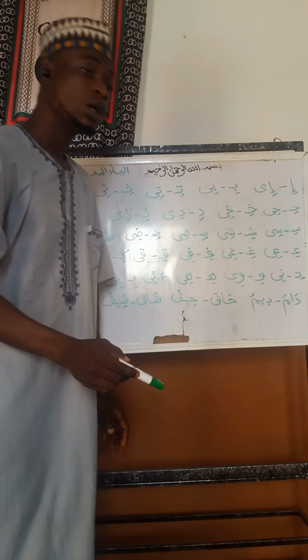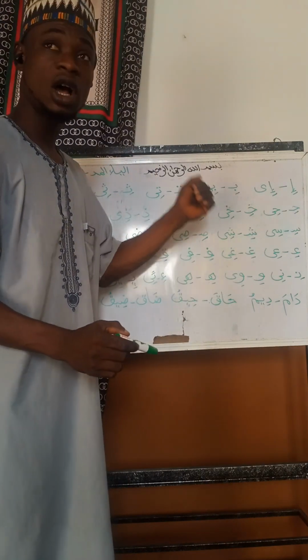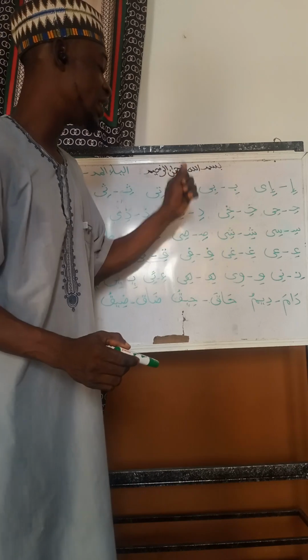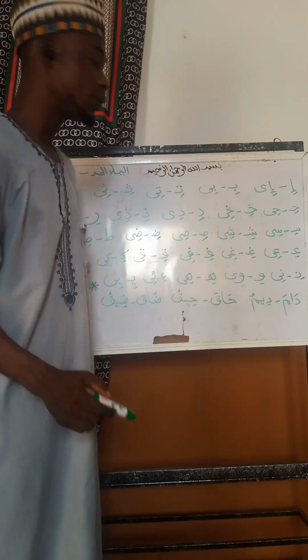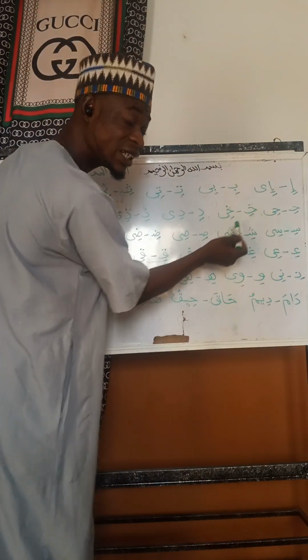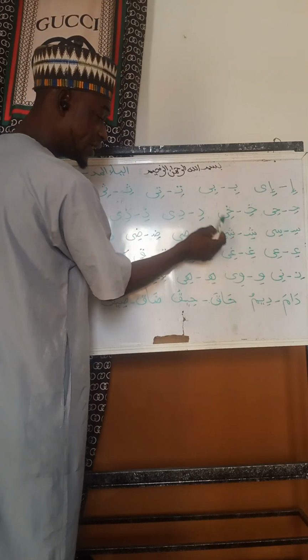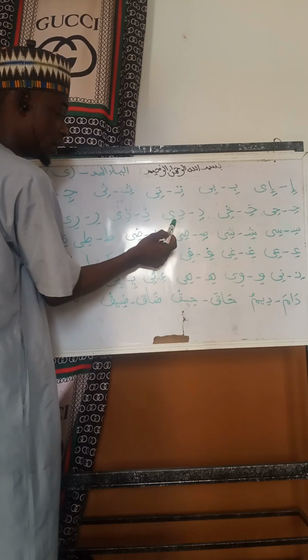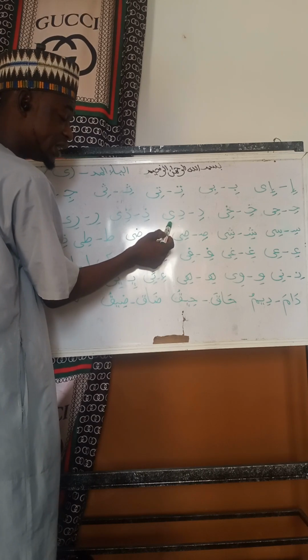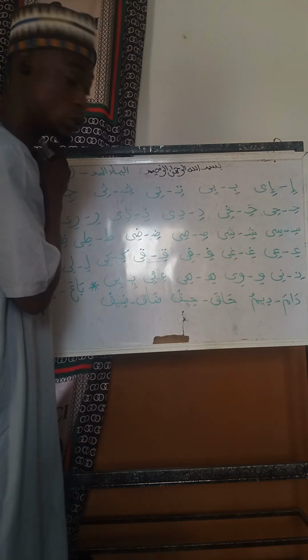H, because of what? Because of the Ya that is after the Ha. This is He, and this will be prolonged. This is D, and this will be prolonged in the count of two.